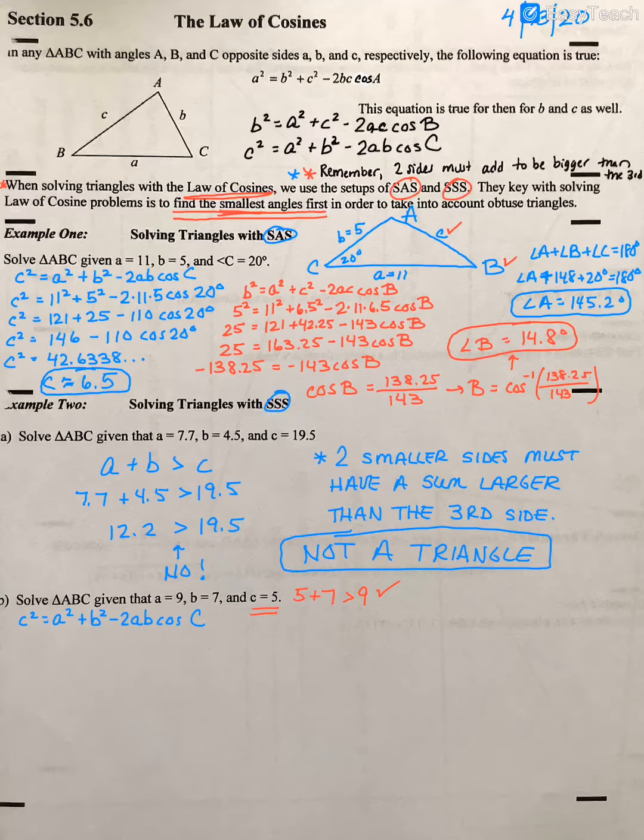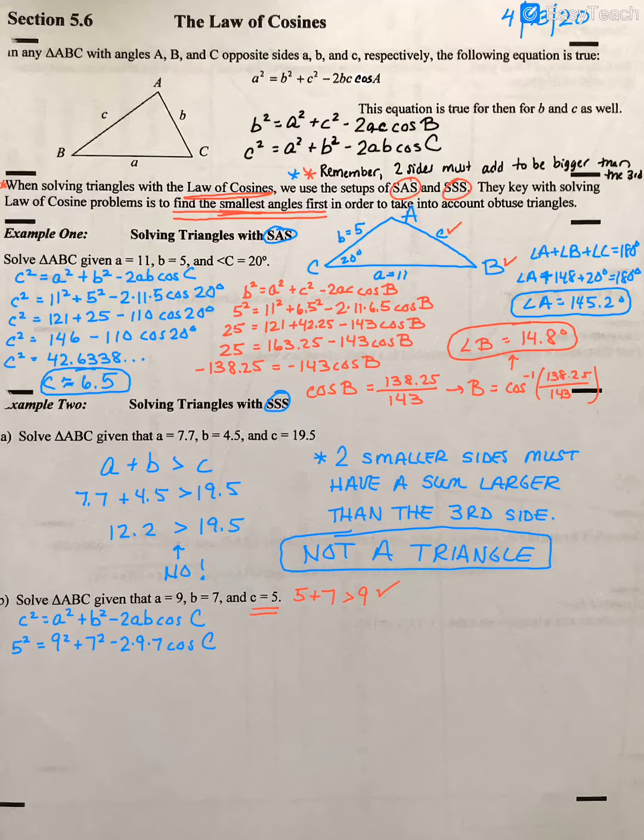This is going to be similar to finding angle B up in example 1. So fill in what you know. 5 squared equals 9 squared plus 7 squared minus 2 times 9 times 7 cosine of C, which is what we're trying to find. So I'm going to do some cleanup again.